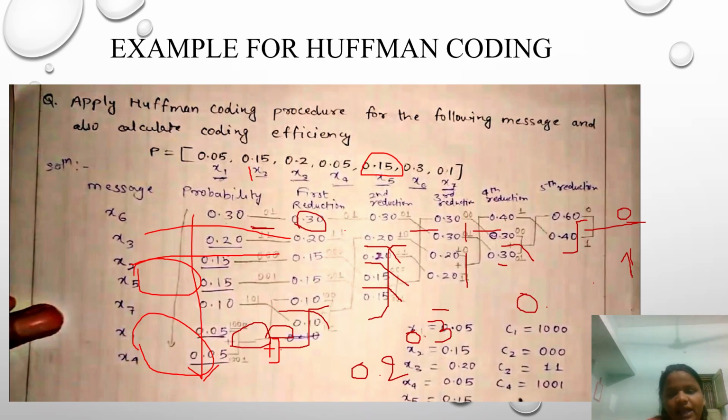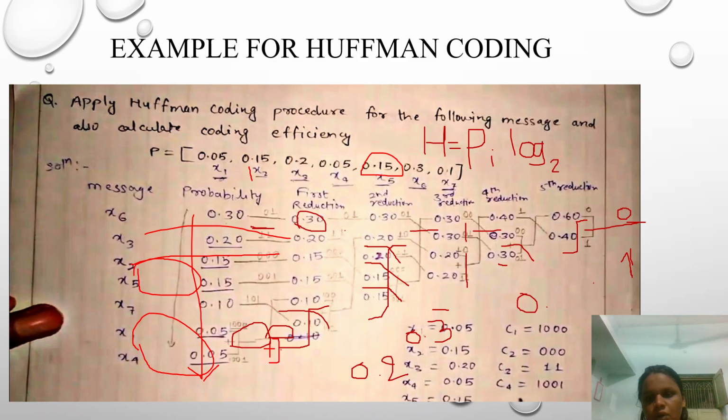By this, we can conclude, and as we know the entropy formula, H is equal to the sum of Pi log base 2 of 1 by Pi.